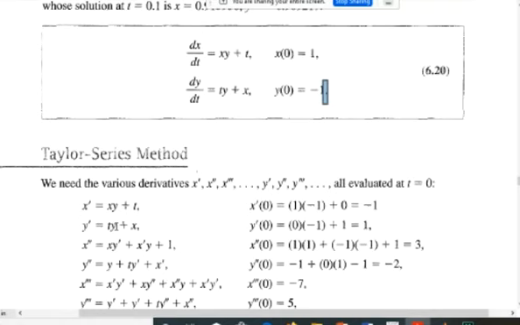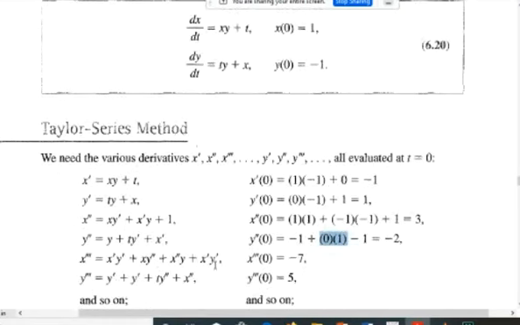Ty plus x: the derivative means y plus ty prime plus x prime, and y double prime at the initial point of time 0 equals y, which is minus 1, plus t y prime, which equals 0 at the end, plus x prime, which is minus 1 from the previous formula, giving minus 2. This is a kind of recursive algorithm to solve a system of equations.